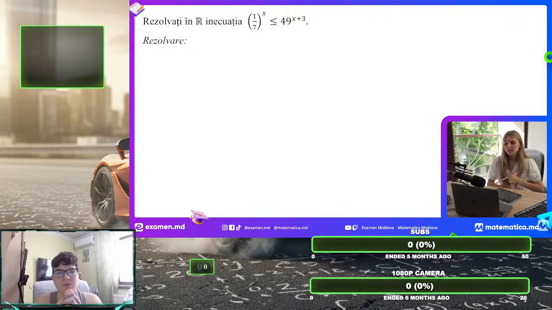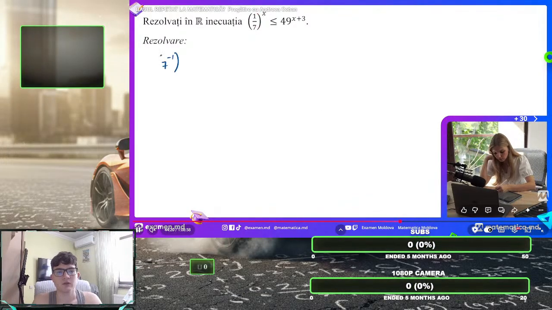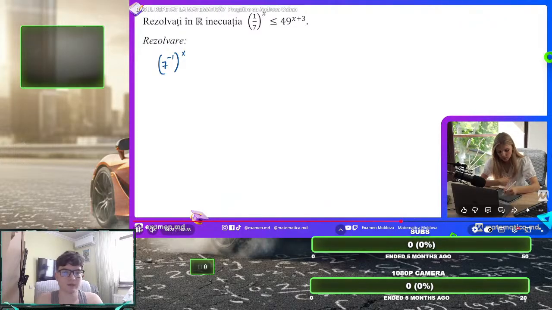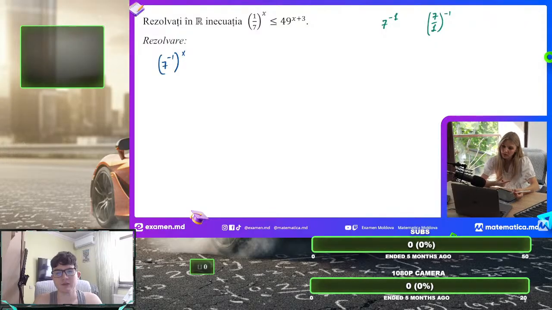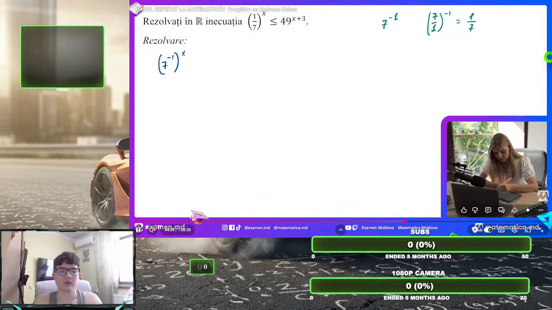First, 1 divided by 7, you're just going to write it down as 7 to the power of minus 1, and so you have the same base, and now you can use the x values, and you're done. So this one's not hard, I think. 7 to the minus 1 right there, power, correct. And place the inequality sign correctly. So that is how it's done with the green text right there.